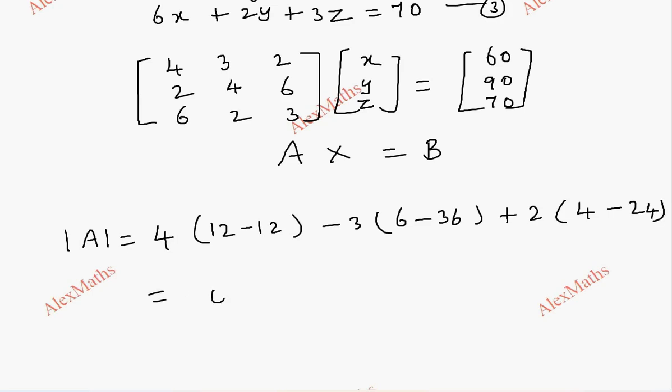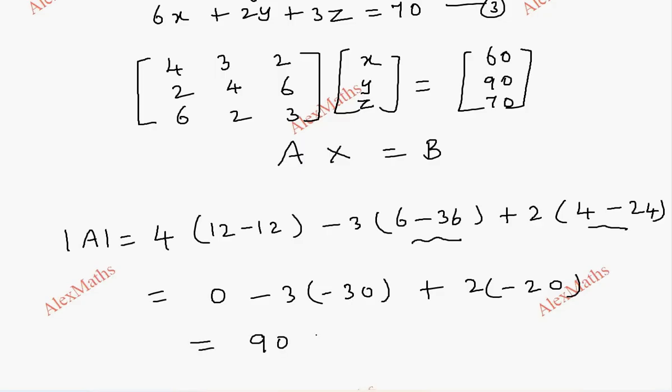So this is 0, this is minus 30, so minus 3 into minus 30 plus 2 into minus 20, so this one is 90 minus 40, which is 50.